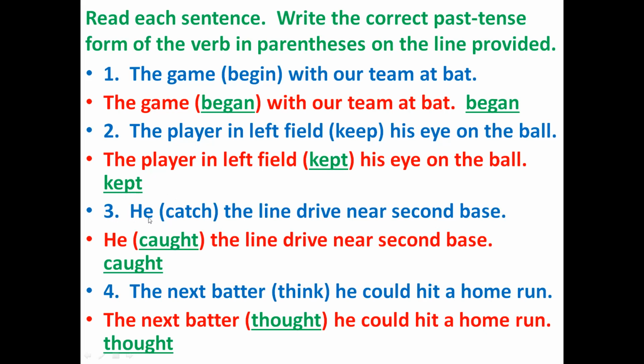Next, he catch the line drive near second base. Catch is an irregular verb, and the past tense of it would be caught. He caught the line drive near second base. The answer is caught. Next, the next batter think he could hit a home run.